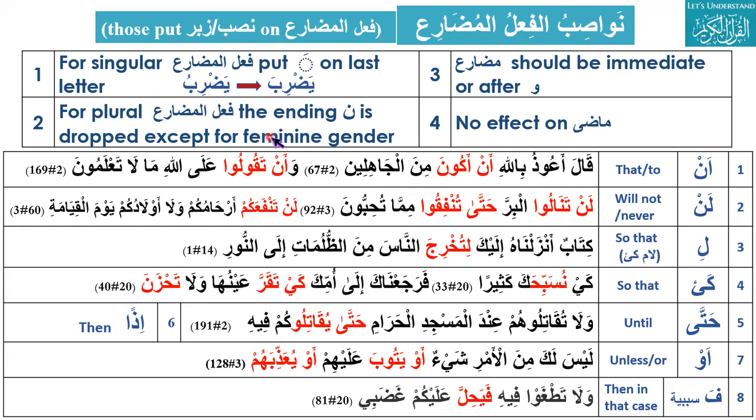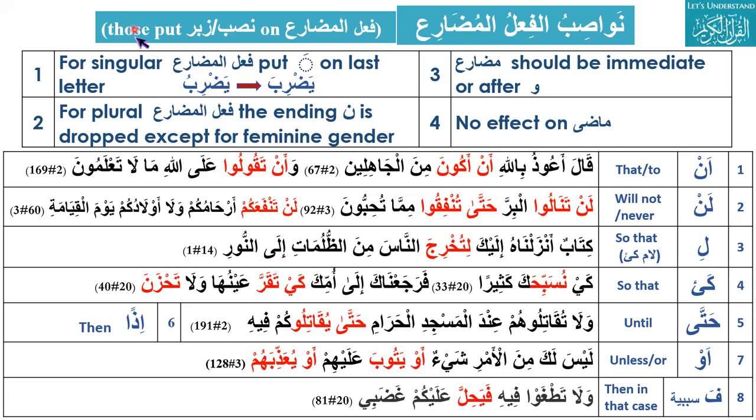And for plural, Af'al Khamsa, they drop the noon. And the Huruf Nasiba are an, lan, li, kay, hatta, idhan, aw, fa sababiyya.